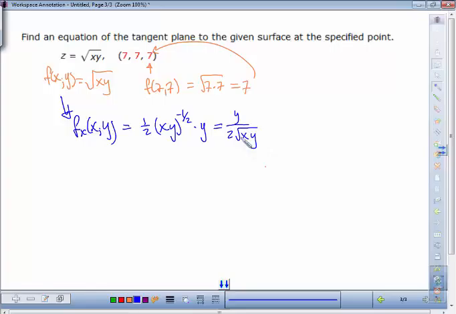I don't know if this will help you any in putting in the values 7, 7 for x and y. But in this step I'm not going to put an equal sign because it's not equal to. I'll say f sub x evaluated at a, b, in this case 7, 7, is equal to, now I put that stuff in. So I think it's, what is it, 1/2?